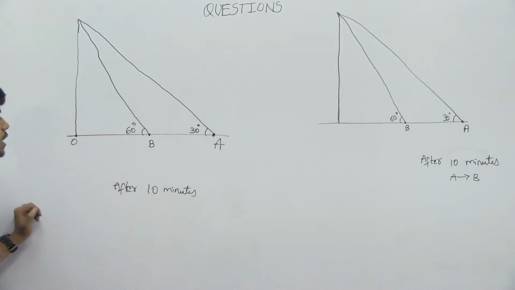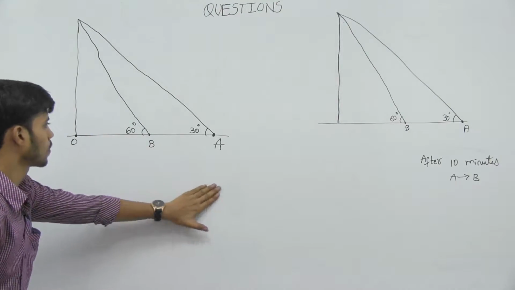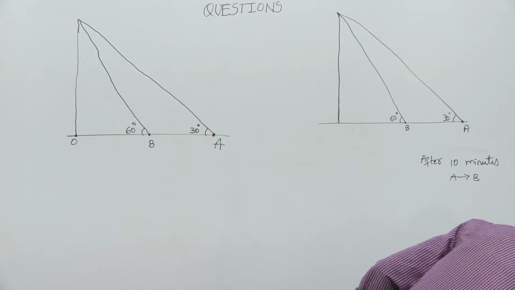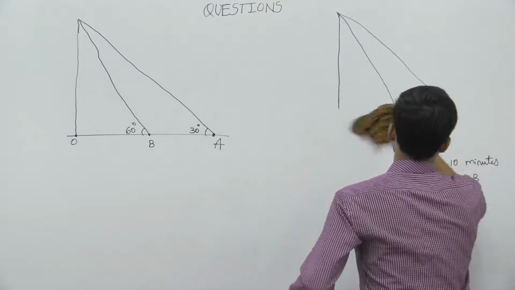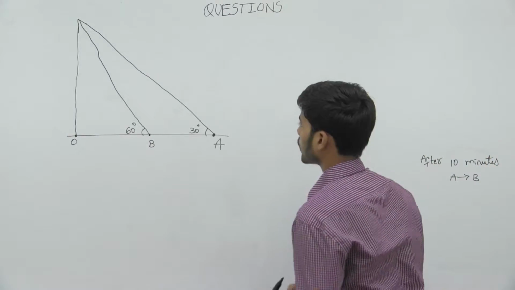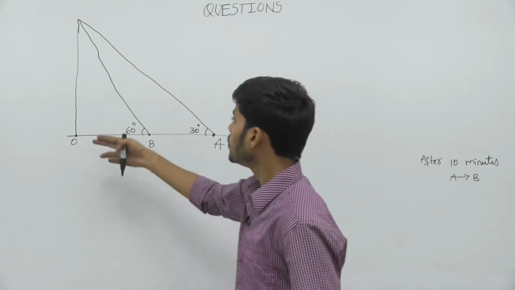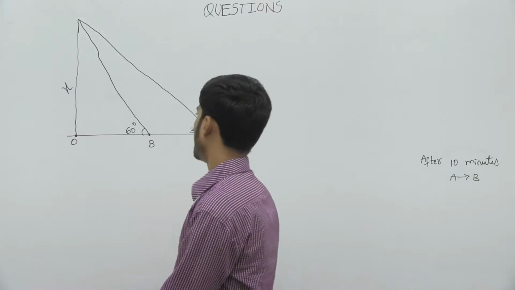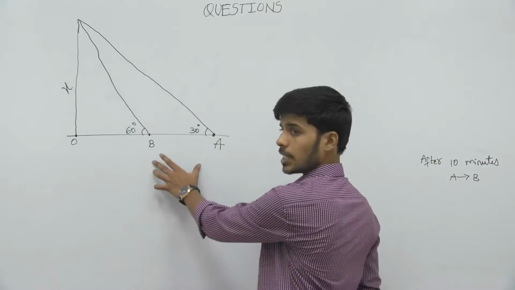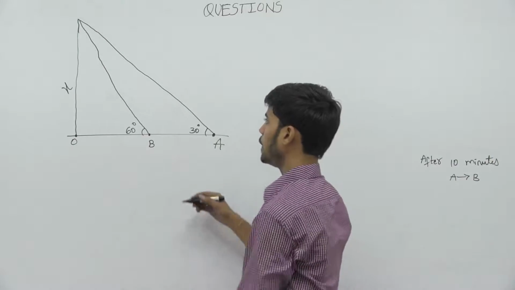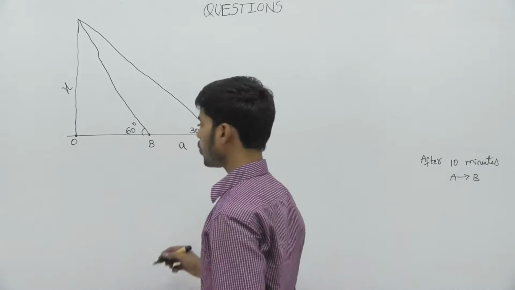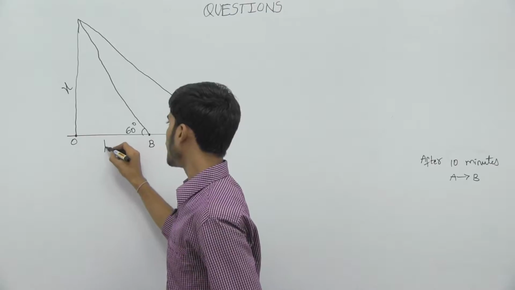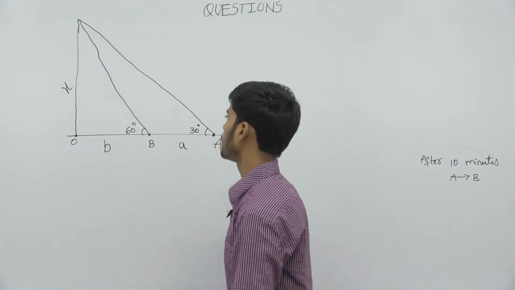So let's assume this to be O. Now, as I already explained, let me erase this. Now let's assume the height of the pillar to be x, and initially the distance he covered from A to B, small a, and the distance from B to O, which he has to cover, b.